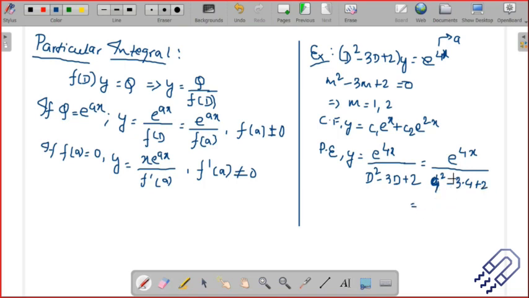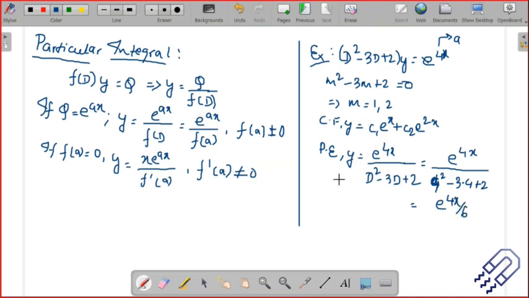If this is 0, then I don't take this step, I differentiate and then take the step. But anyway I know it is non-zero because 4 square is 16, 16 plus 2 is 18, and 3 into 4 is 12, so it is 6. So it will be e to the power 4x divided by 6.